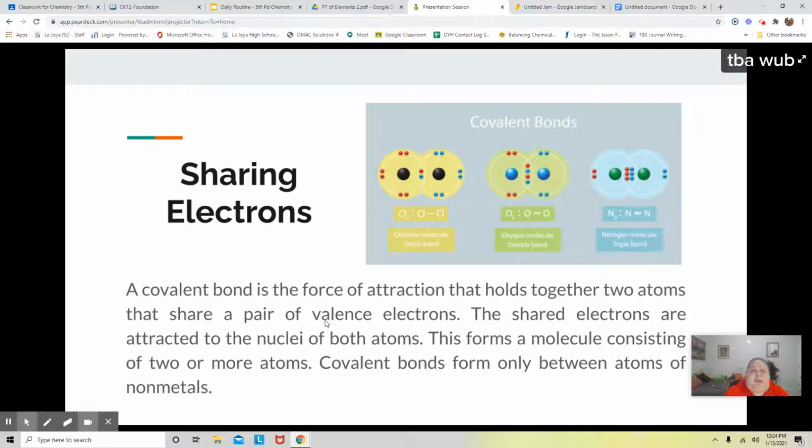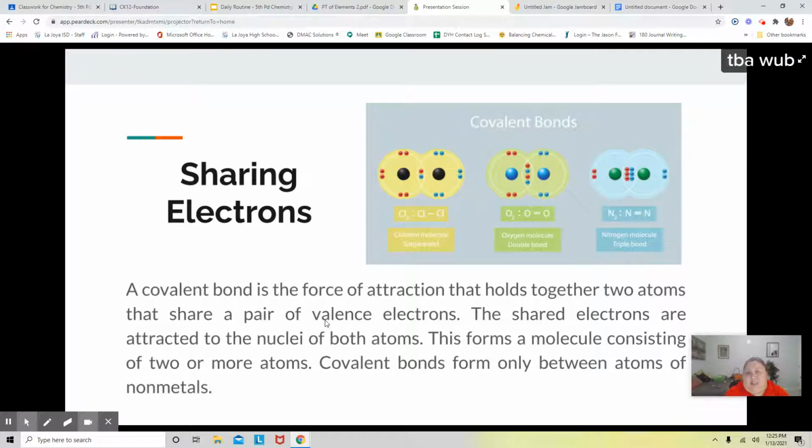Now, when we talked about ionic, we talked about metals giving up electrons to nonmetals, and you had the creation of that anion and cation that created that electrostatic attraction that brought them together. When it comes to metallic bonds, we know that metallic bonds usually involve the same atom, and that atom usually shares those valence electrons with the other atoms, like free flowing electrons.